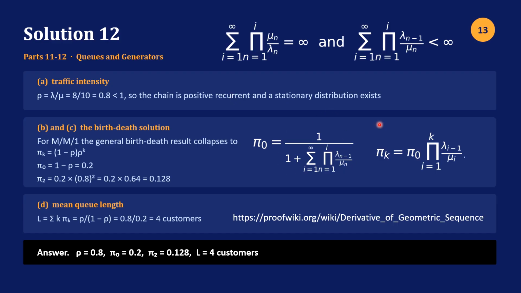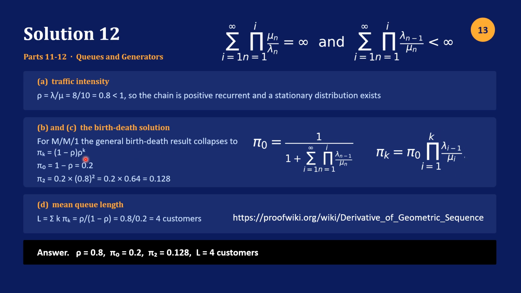Then we need to use what I just described in here to calculate pi sub 0. So it's 1 over 1 plus rho over 1 minus rho. And when you simplify that, you just get 1 minus rho. And we plug in our value for rho, we get 0.2. And then this is just 1 minus rho, and this here is rho to the k power.